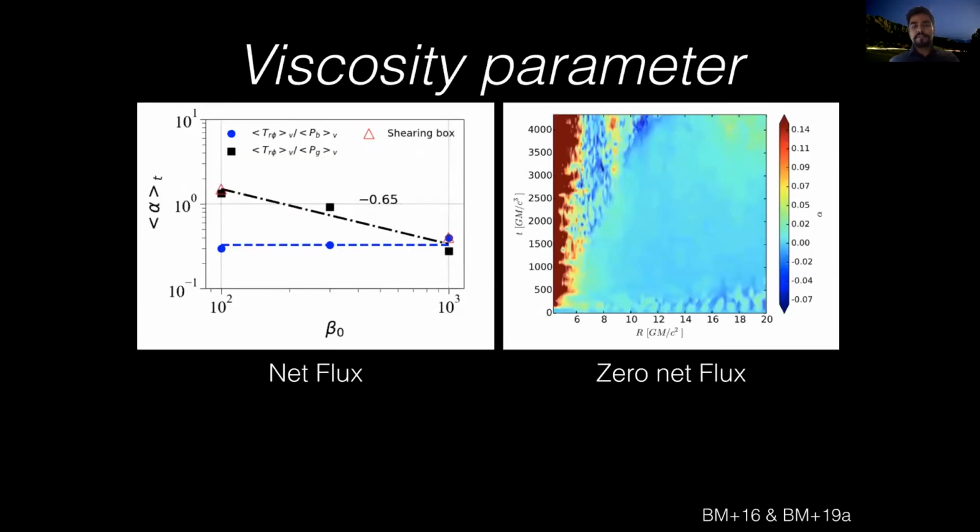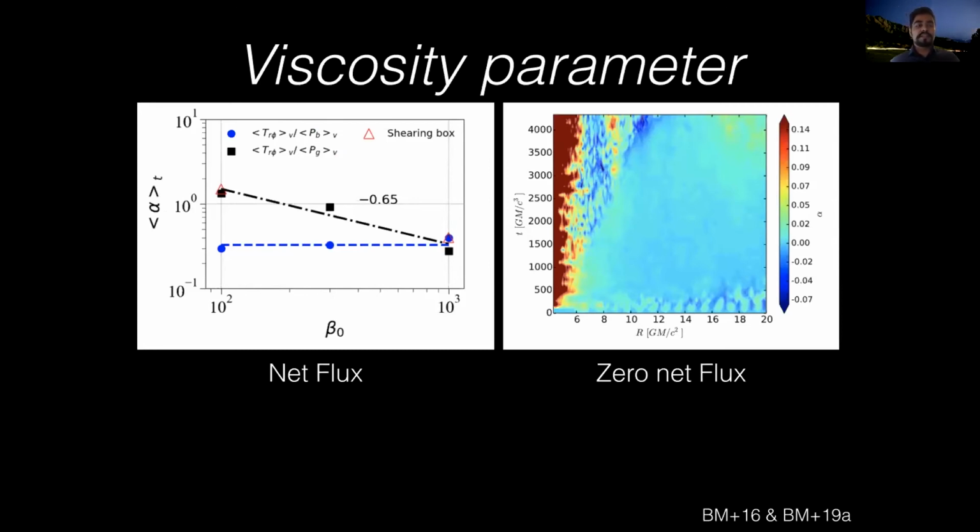Then, having this global model, we computed the alpha profile to compare it with the local shearing box models and the simulations we did before. The left-hand side plot shows the initial beta on the horizontal axis, meaning the beta at which the simulation was started, and the vertical axis shows the total alpha.